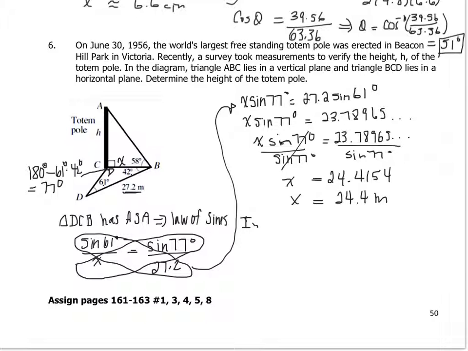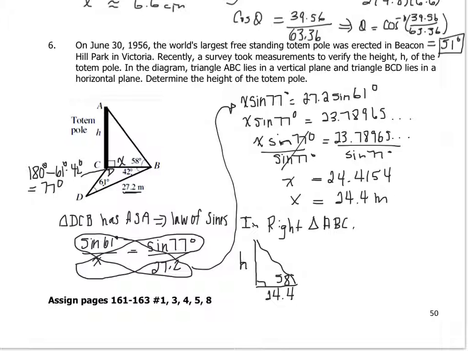So now we can move to the right triangle ABC. This is what we want, the height of that pole, and we know that this is a right angle, and we know that this side here we just found was 24.4, and we're told that this angle is 58.